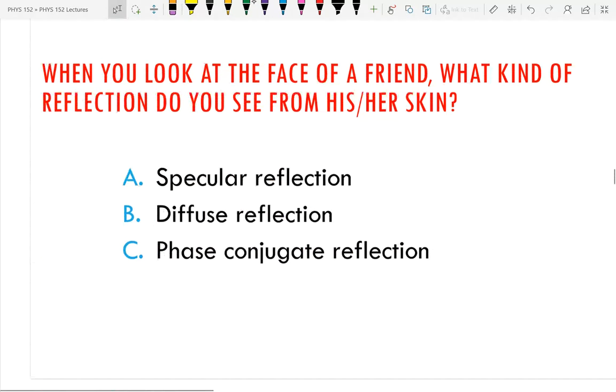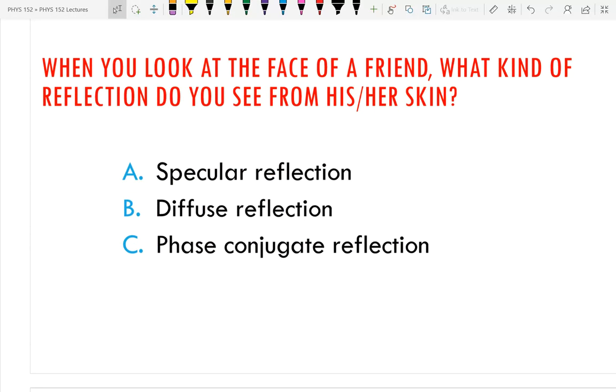And moving on, second clicker question. When you look at the face of a friend, what kind of reflection do you see from his or her skin?